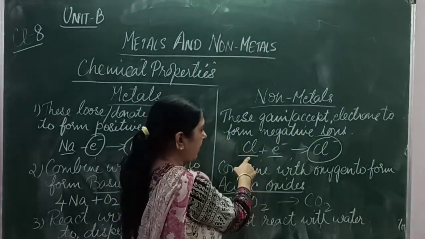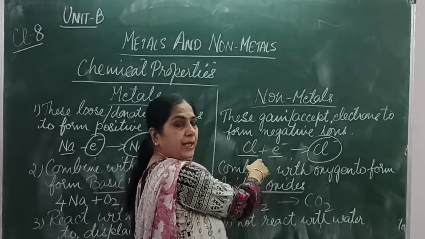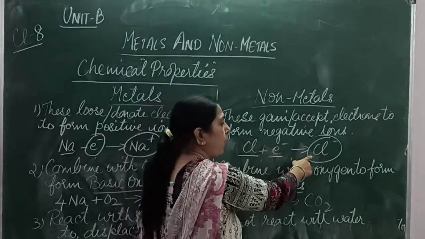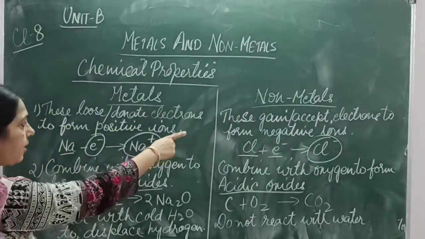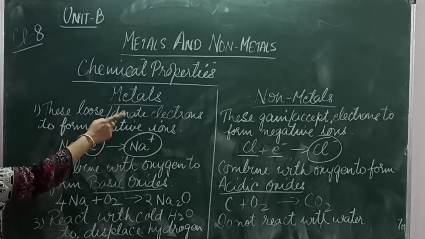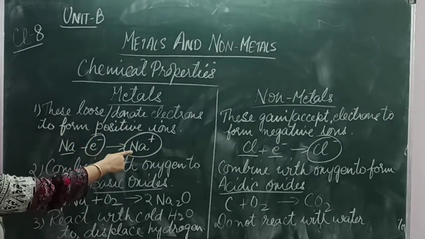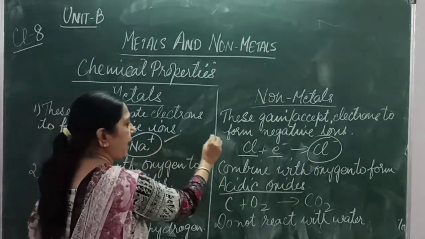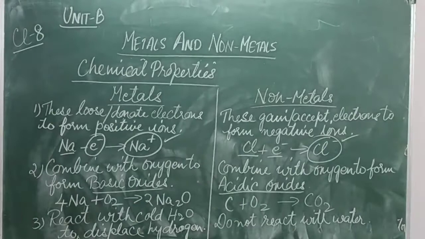Chlorine takes one electron, which has a negative charge, to form a chlorine negative ion. Metals lose or donate, forming a positive ion, and non-metals gain or accept, forming a negative ion. This is the first property.